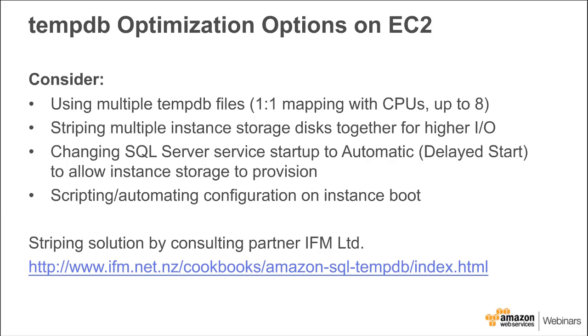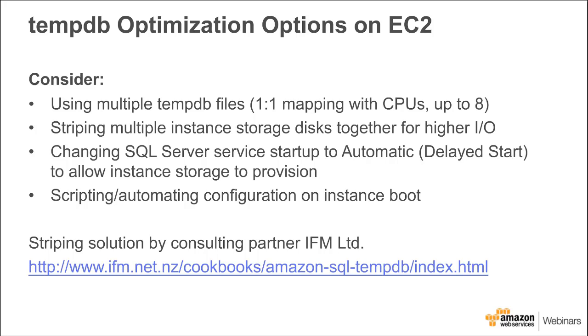You also want to use multiple tempdb files and stripe them across all drives available. If you decide to implement this optimization yourself, know that on instance start, our EC2 config service that's running on those EC2 instances will initialize the instance storage drives. This means they may not be readily accessible on boot, out of the box, once the SQL Server service starts automatically.